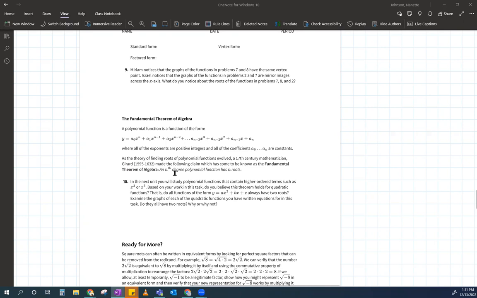Where'd the 3 come from? Anybody know where the 3 comes from? From your highest power. So if we have x to the 5th as the highest power, then I should be looking for 5 roots. If I have x squared, I should be looking for 2 roots. Does that make sense? Are you guys okay with that?